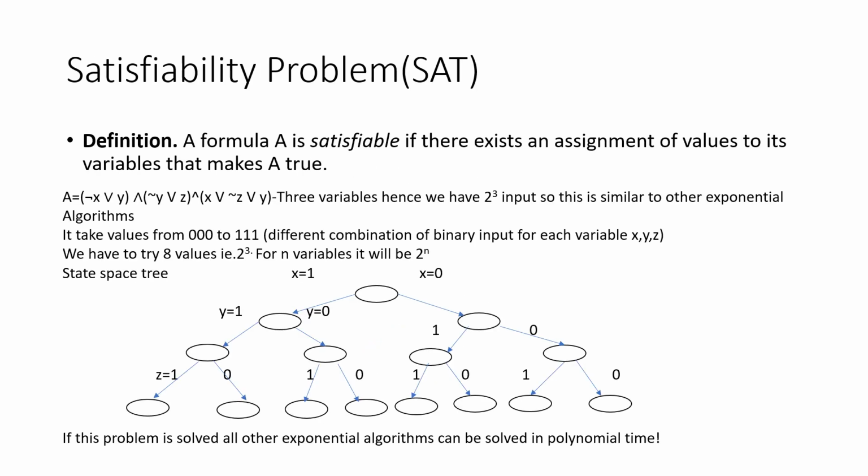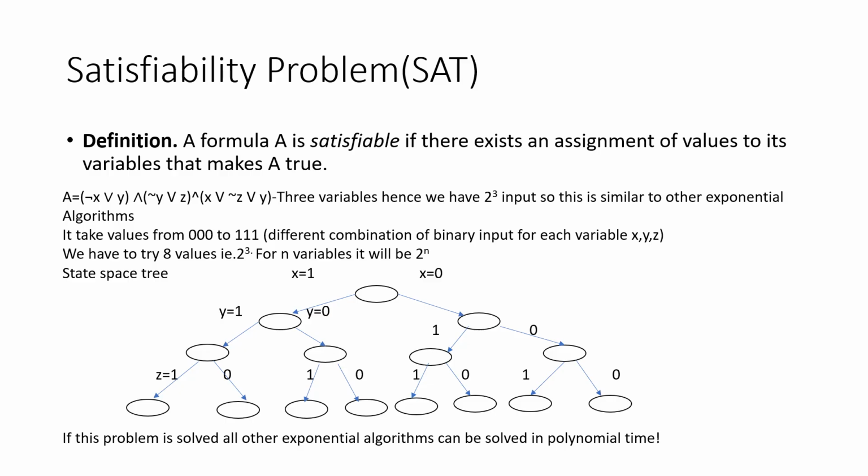In this slide, we'll see the next way to convert exponential algorithms to polynomial-based algorithms. The second strategy is to find a similar kind of problem which is similar to your exponential algorithms. One such problem is the satisfiability problem.